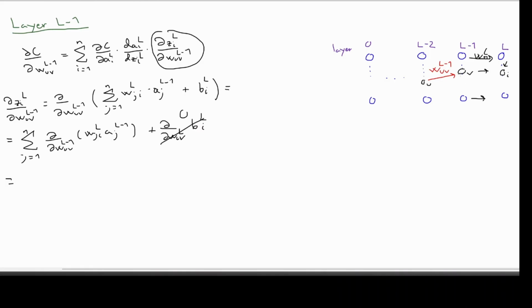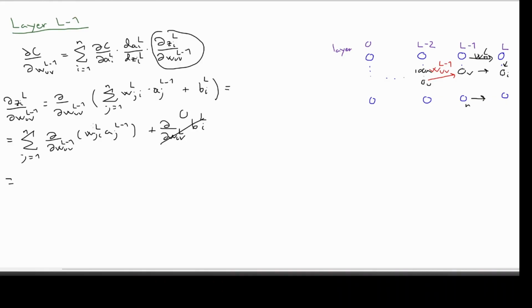And the answer is yes, it affects the activation at neuron V, as we can see here. If I 100x this weight, it's going to change the output of this neuron. But it's not going to affect the output at the nth neuron, because this weight is not incident to n, and it's not incident to the first neuron.